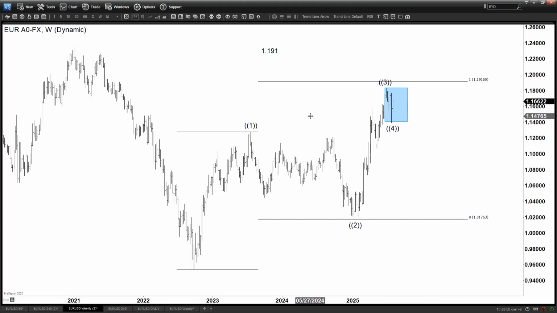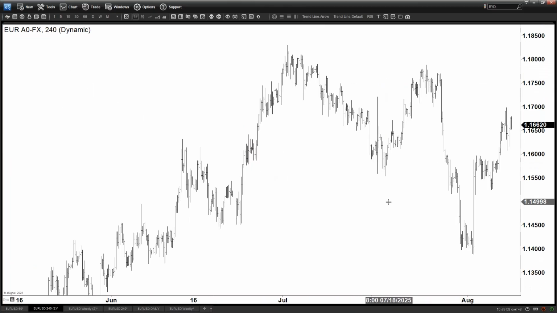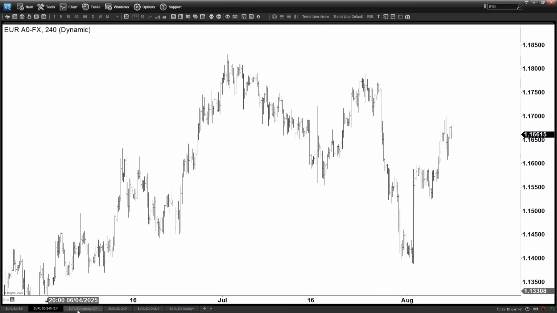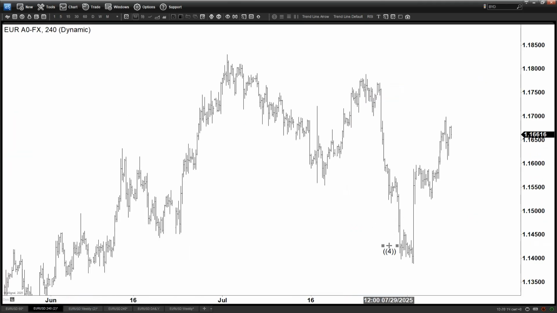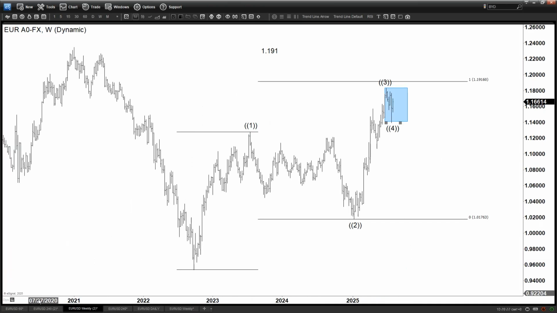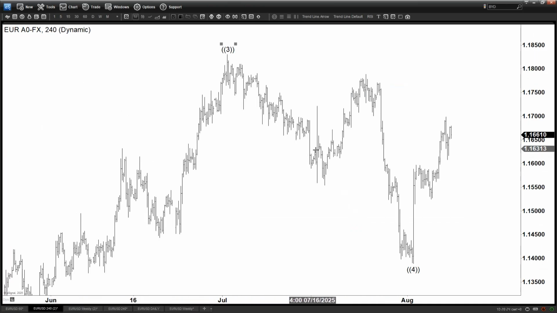Now, the second thing that I want to talk about is this subdivision here. Again, this is the 4 hour time frame. If we take a look here, 4, and this is 3, which is the same as here, 3 and 4 here. You notice it was a clear 3 waves pullback only.